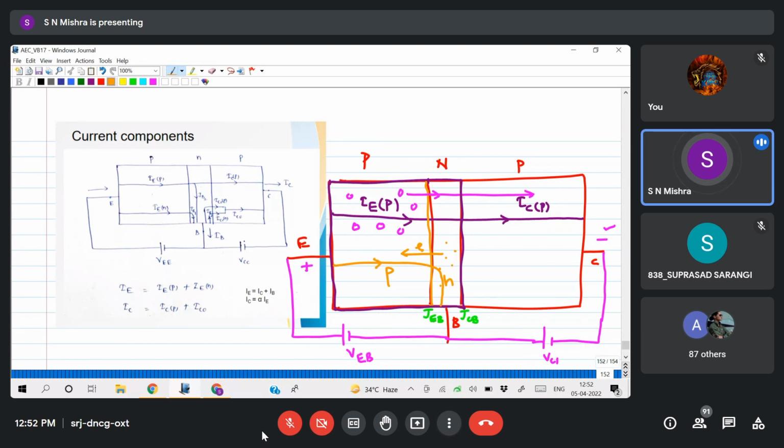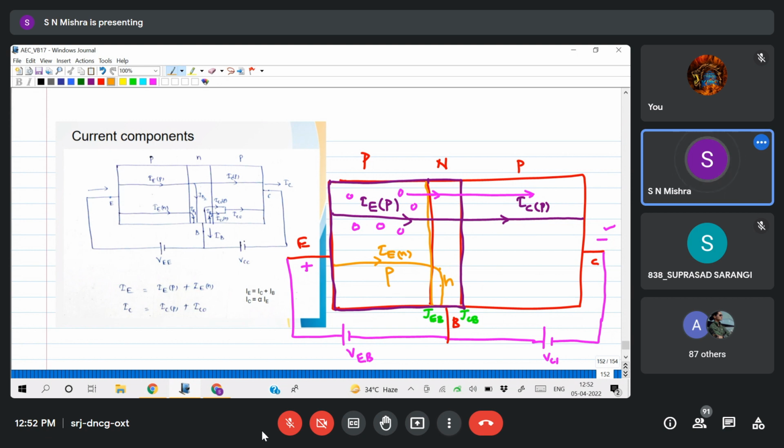So I have represented this one as IE due to electron. Okay, so the emitter base junction things are over.